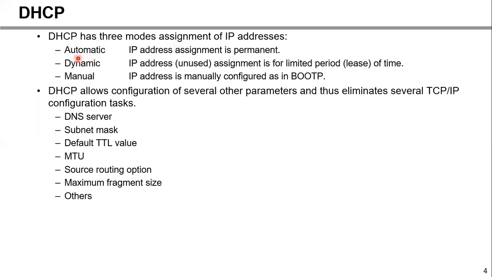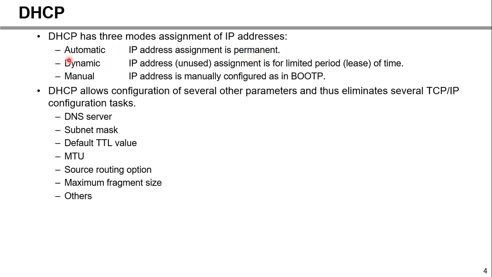DHCP, on the other hand, has three ways in which IP address assignment can be done. One is automatic, the other one is dynamic, and the third one is manual. Automatic is whenever you want some IP address as a permanent assignment. Whenever the machine comes into contact with the DHCP server, immediately the next available address will be given to that machine. But what if I, as an administrator, want my machine to get a particular IP address from DHCP?